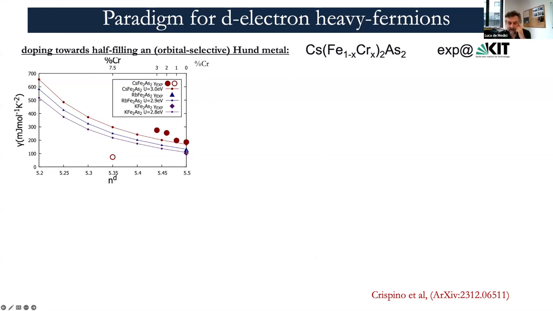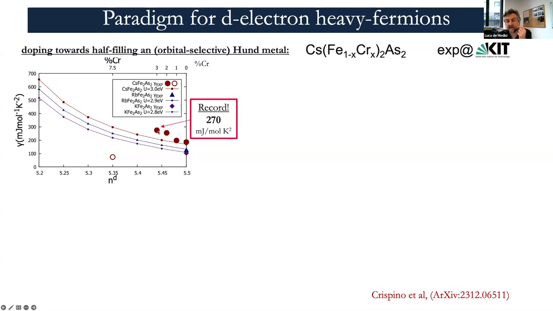So our experimentalist friends actually managed to put a few percent of chromium in this cesium iron 2 arsenic 2, and indeed they were able to find a record Sommerfeld coefficient of 270 millijoule per mole Kelvin squared for 3% chromium.